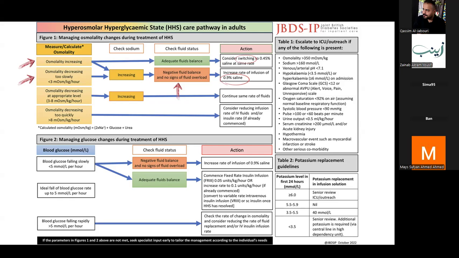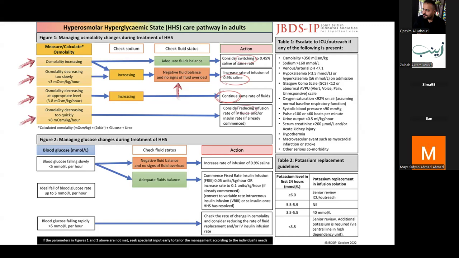If the osmolality is decreasing at appropriate level and the sodium is going up, but the rate of osmolality is going as recommended, 3 to 8 milliosmol per kg, that's when you need to continue with the same sodium chloride fluid at the same rate. That means whatever you're doing is right, and this rise in sodium is not concerning. It's just an initial rise, as the one we talked about, as osmolality drops and as sugar drops.